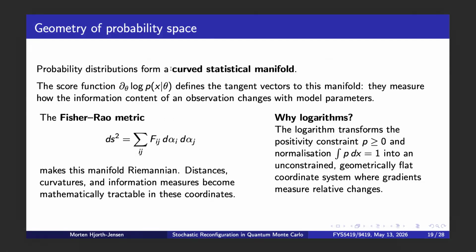So this is a probability distribution which forms a curved statistical manifold of parameters. So this measures how the information content of an observation changes with model parameters. And clearly, the reason why you take the log is because that transforms a positivity constraint and normalization into an unconstrained, geometrically flat coordinate system where gradients measure relative changes.